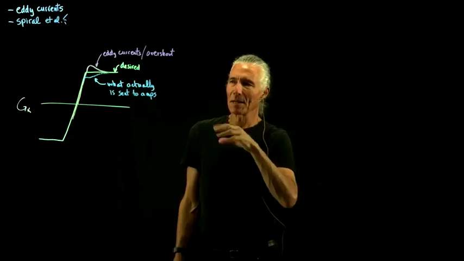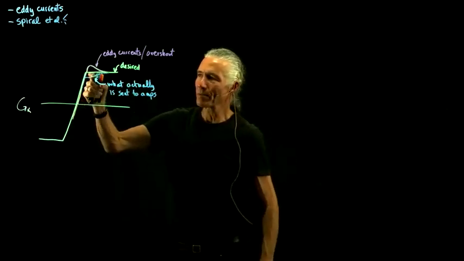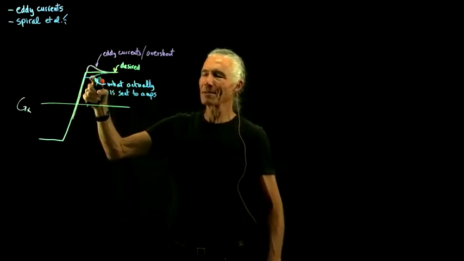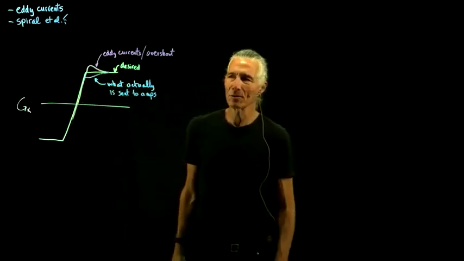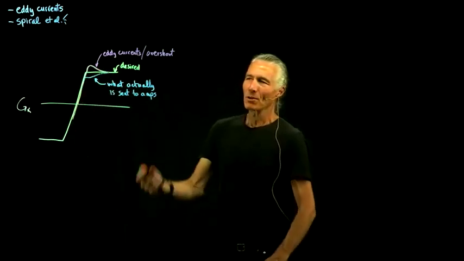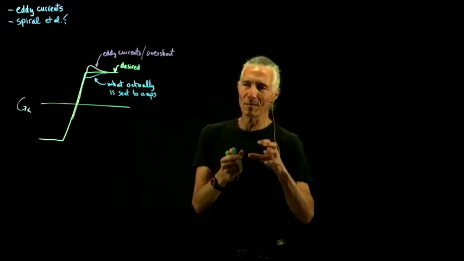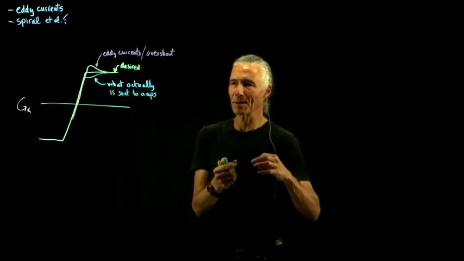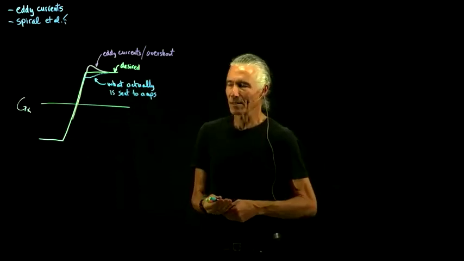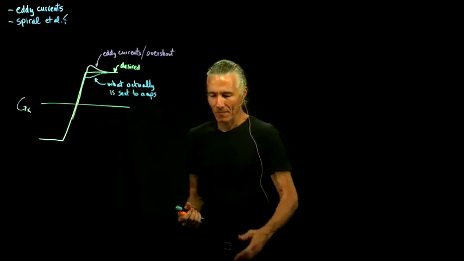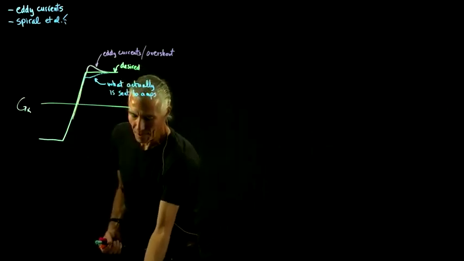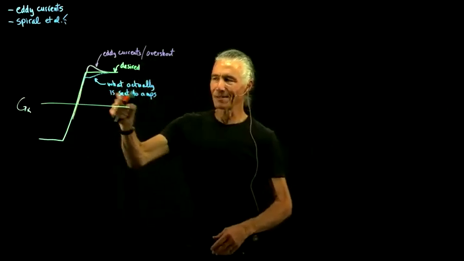And so one thing you could do is try to do eddy current compensation and fix up the gradients. But the other thing you could do is, okay, we told you to do this and you didn't do that, but what did you do? And so you could just actually measure what the magnetic field was and then feed that back into the reconstruction. And so there's multiple ways to fix this problem.